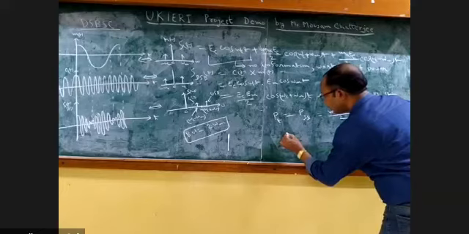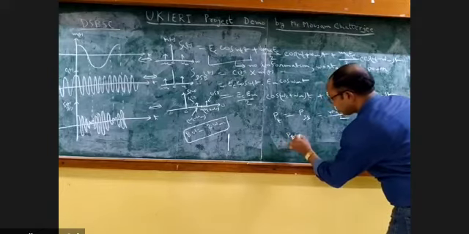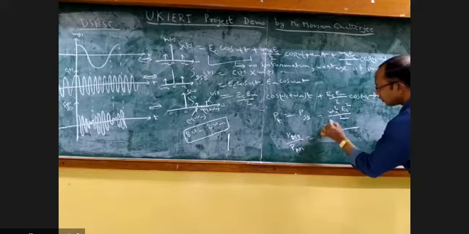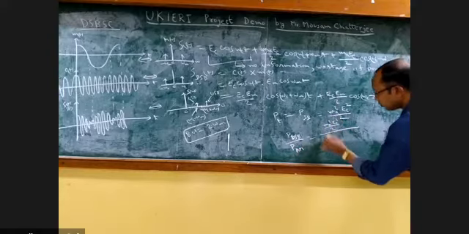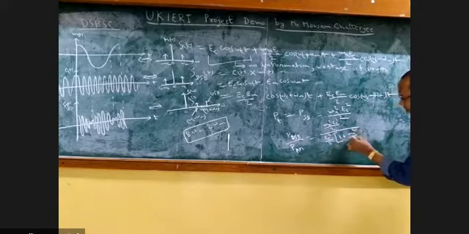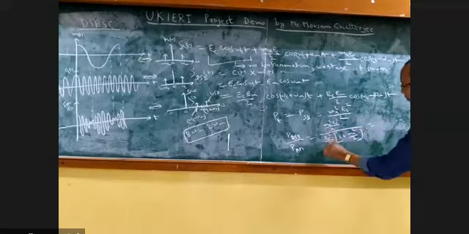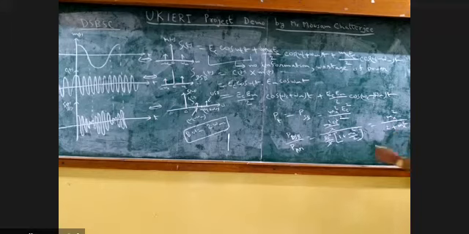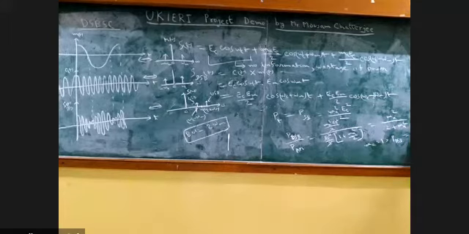So here we have, when m equals 1, DSB is just one-third of AM power.